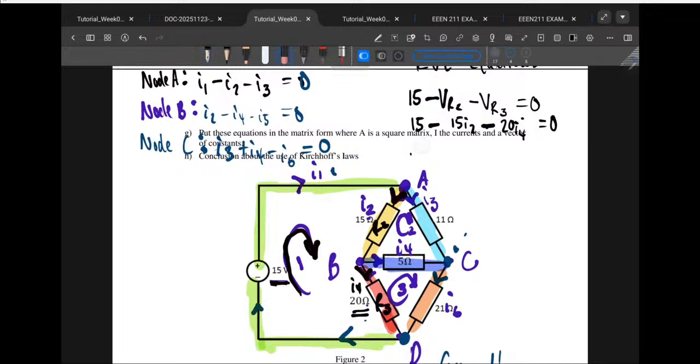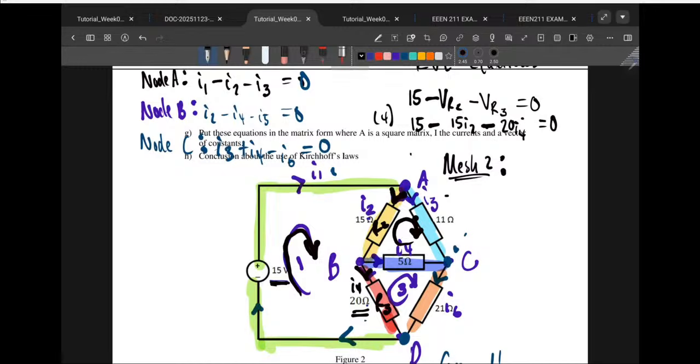Then for equation number 5, we say mesh 2. Which way are we going? We are going like this. When we meet R2, it's going down, we are going up, so it's going to be positive: 15I2.